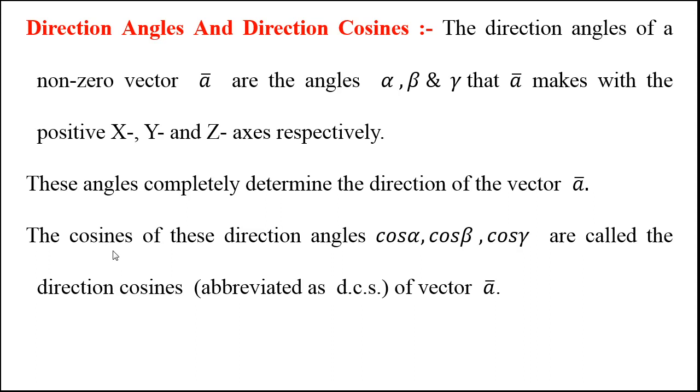The cosines means cosine ratio, the cosines of these direction angles, that is cosine ratio of angle alpha, I read it as cos alpha, cos beta, cos gamma, are called the direction cosines of vector A bar. So if direction angles of a vector are alpha, beta, gamma, then cos alpha, cos beta, cos gamma are called the direction cosines.